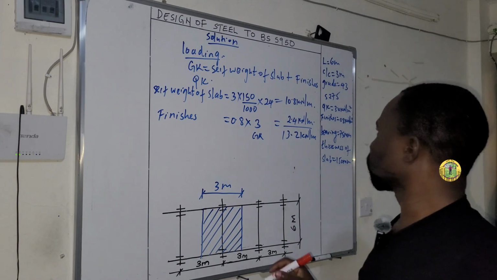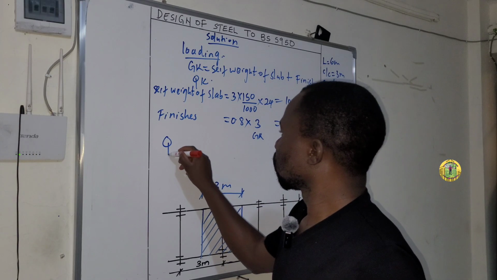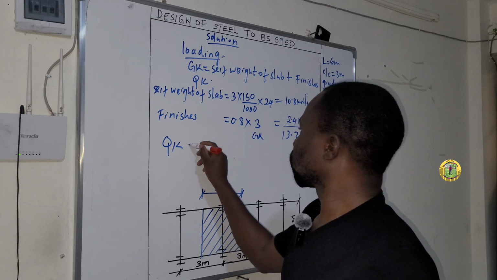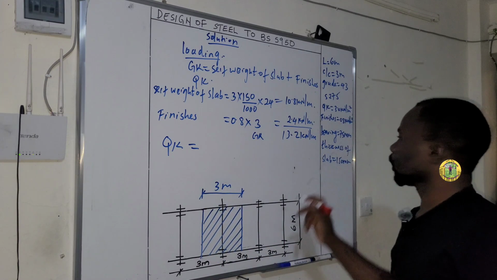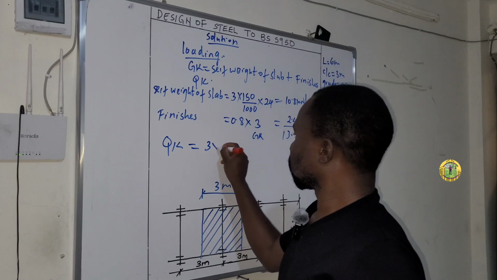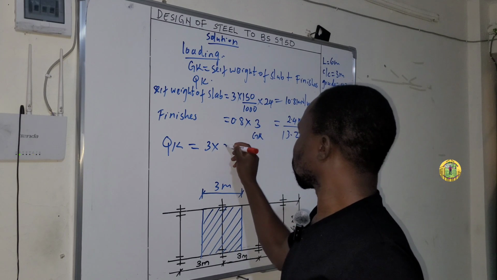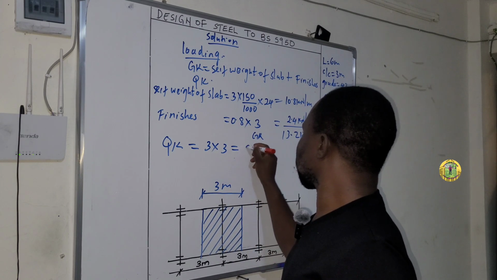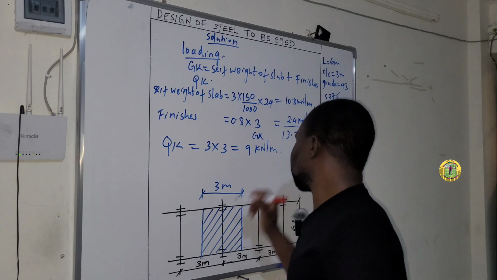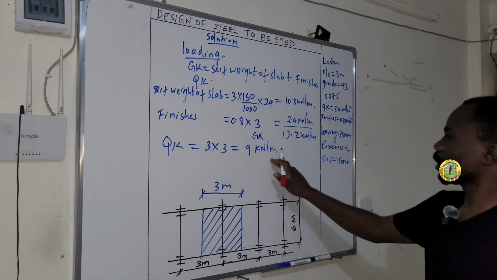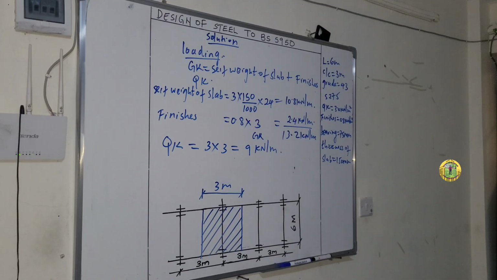And then we'll proceed to QK, which is the imposed load. So this one is equal to 3 times 3 here, which is 9 kilonewton per meter. And now this is the QK.